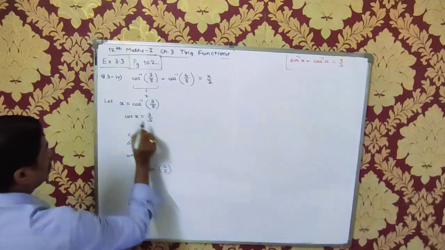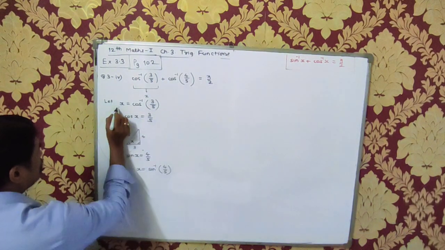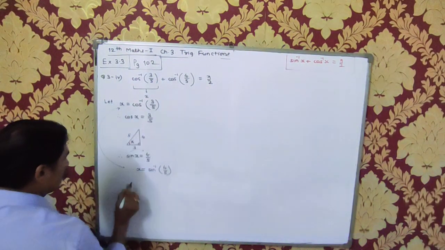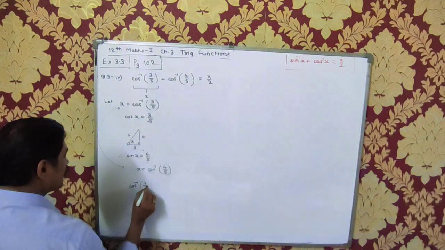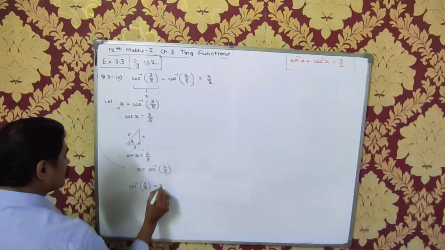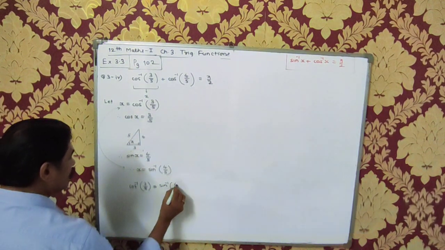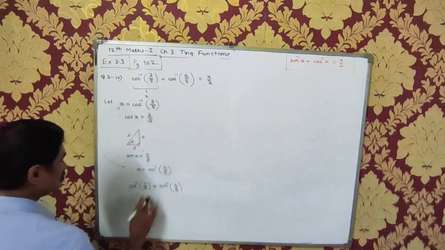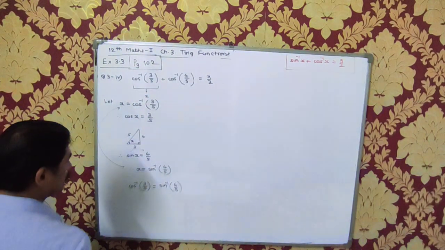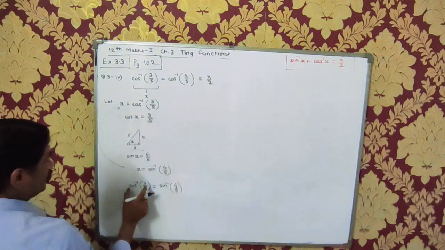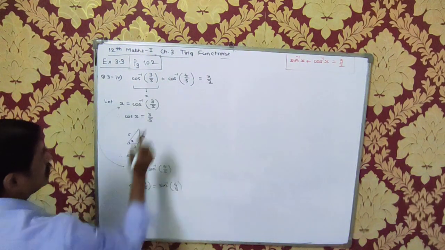But that way x is equal to ये भी x और ये भी x. तो x की जगह पर मैं ये लिखूंगा: cos inverse of 3 upon 5 is equal to sin inverse of 4 upon 5. ओके, मतलब मैं cos inverse of 3 upon 5 की जगह पर sin inverse of 4 upon 5 लिख सकता हूँ.